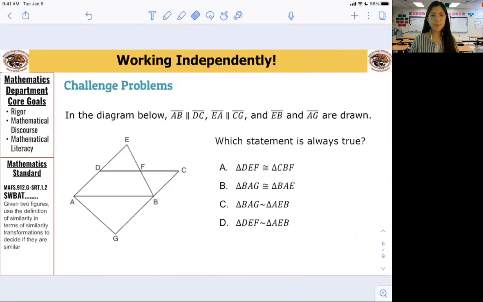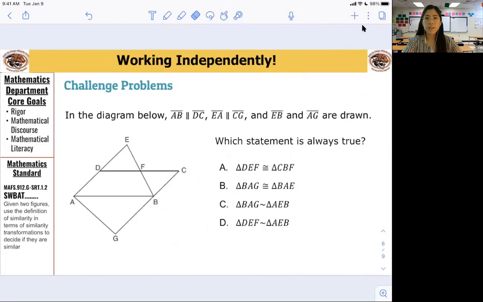All right. This was kind of a weird one. It's a little tricky, but I just want you guys to try it out. So here we go. I'll read it for you guys. In the diagram below, AB is parallel to DC, EA is parallel to CG, and then EB and AG are drawn.